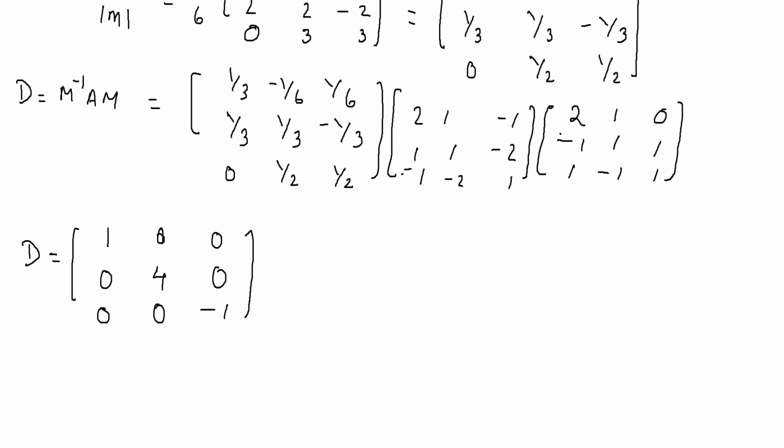The most important thing you have to understand here is, for every diagonalized matrix, the principal diagonal elements will be eigenvalues of the given matrix. All other elements except leading diagonal elements will be 0.